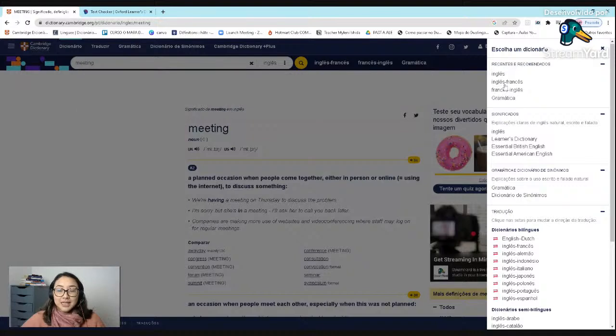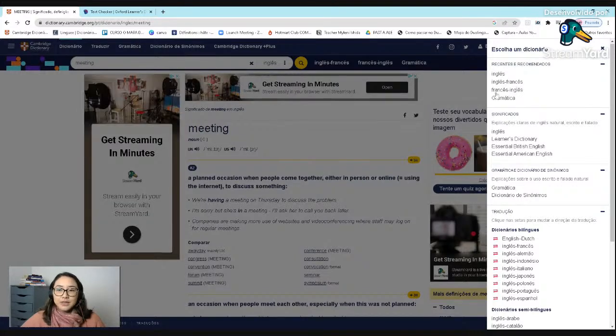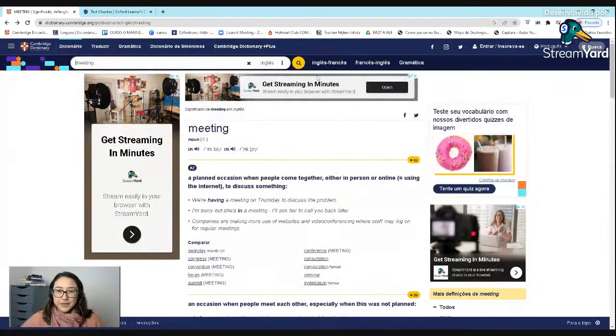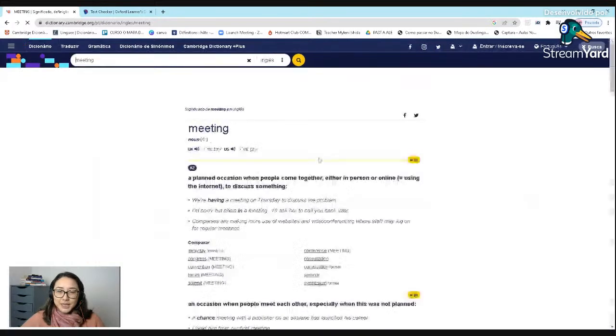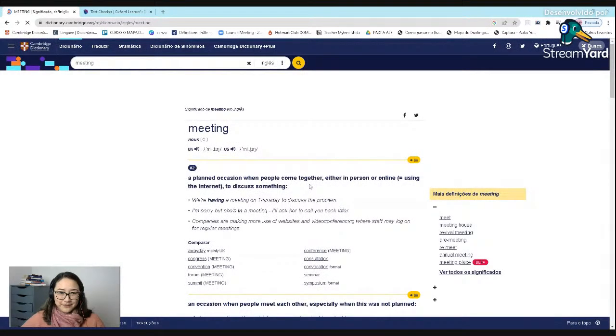When you translate to inglês português or any other language, they don't give you the level of the word. Okay, so make sure your dictionary is only English. Okay, so in the dictionary, this is how you are going to check the level of the word.